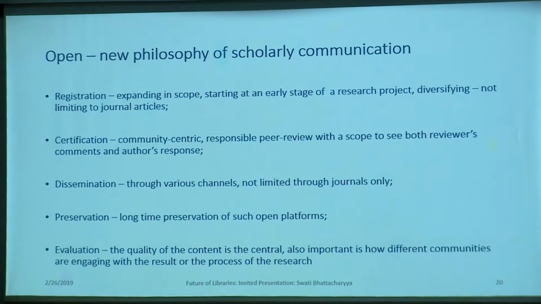Certification, which so far was considered only peer reviewing, is becoming community centric. If post-publication review platforms or preprint servers are considered, then that is a forum where the community can participate in the reviewing process. Dissemination, preservation, definitely, and evaluation, of course, evaluation different from citation based and journal metric based evaluation. It still has to come, but these are the challenges.